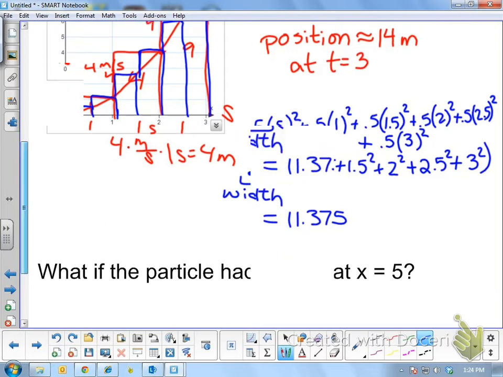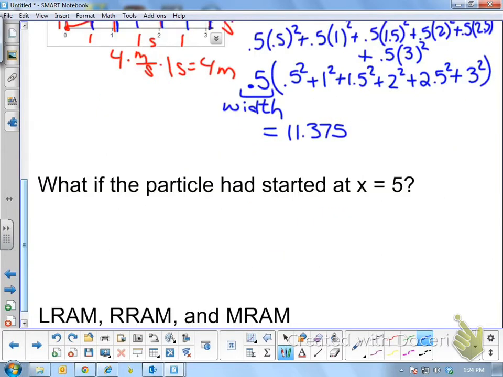What if the particle had started at x equals 5 instead of x equals 0? Where would our particle be then? 16.375. Okay, how did Emma get that? She added 5 to the 11.375.